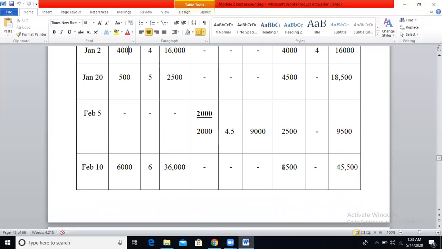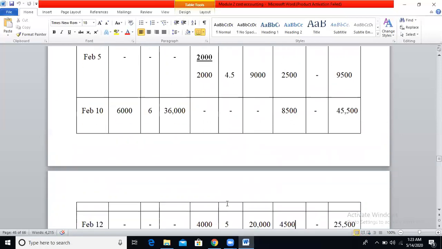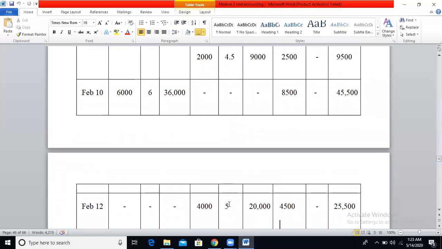See, until the balance quantity, however many units it consists of, till those units you have to consider the average price. Now this 8,500 consists of 6,000 units, 500 units and the remaining quantity of 2,000 units from the 4,000 units. So we will consider the average of these three prices. 4 plus 5 plus 6 divided by 3, you will get 5.